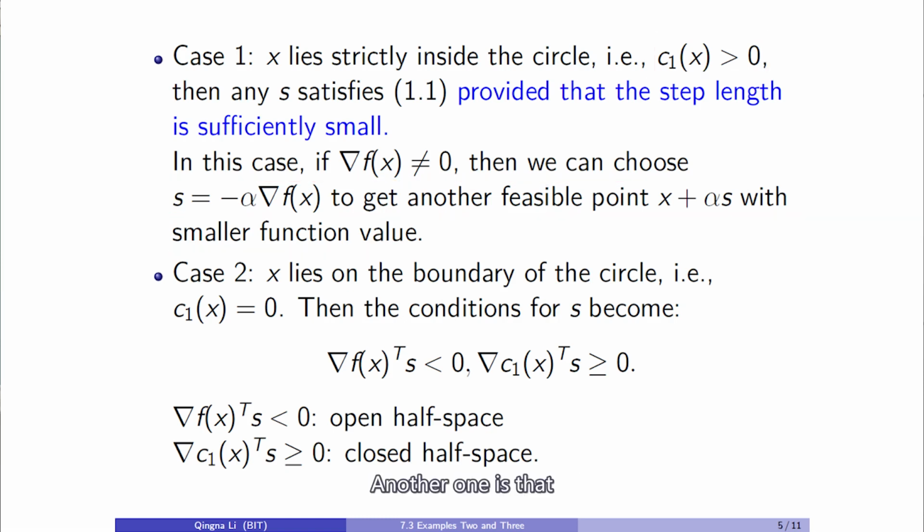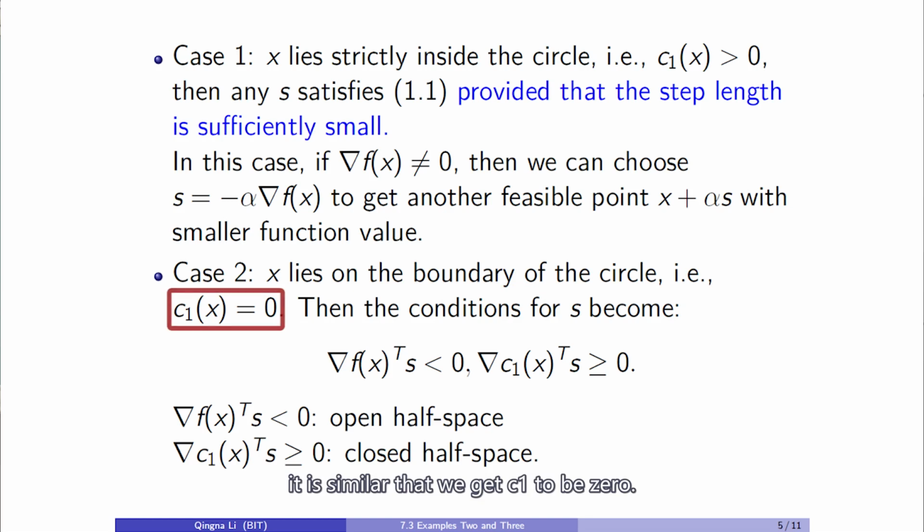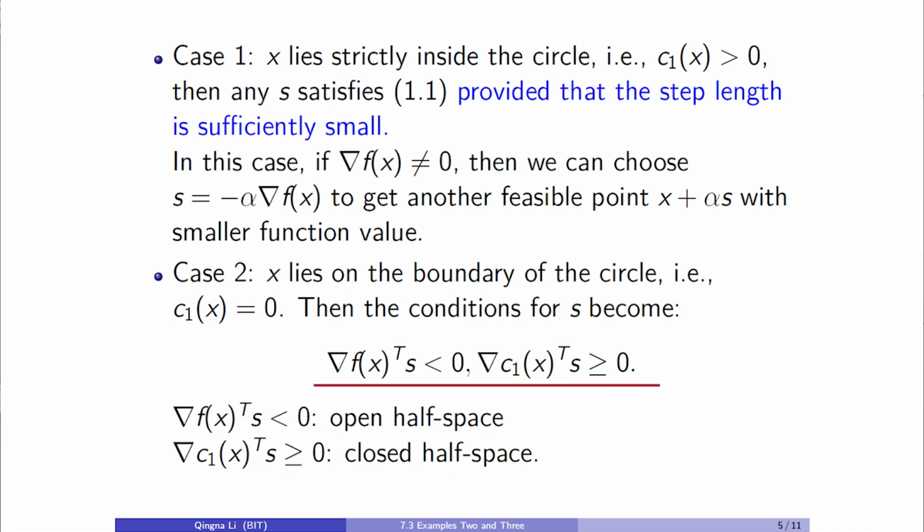Another case is that x lies on the boundary of the constraint or the feasible region. In this case, c1(x) is 0. Therefore, the feasibility condition reduces to this one, which is different from the equality constraint case.